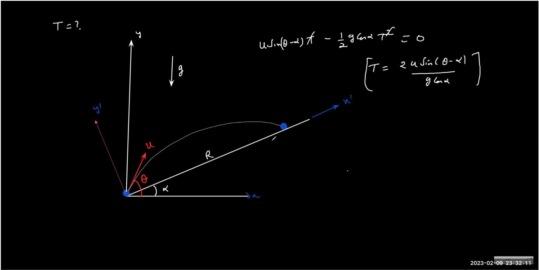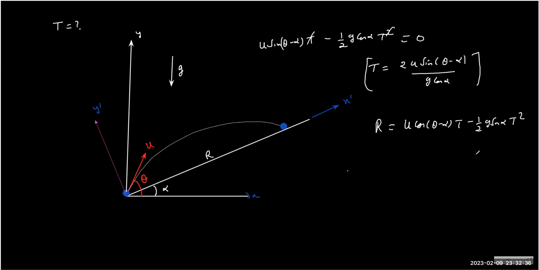It would be u cos(theta minus alpha) into T minus half g sin alpha T square. The range is u cos(theta minus alpha) into t. It will take you away, and then half g sin alpha t square will bring you down.